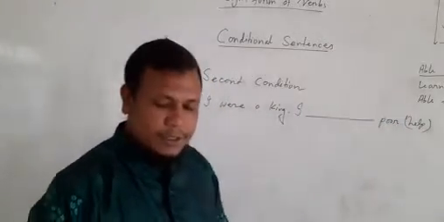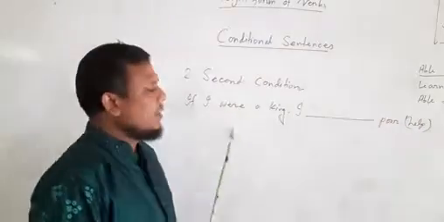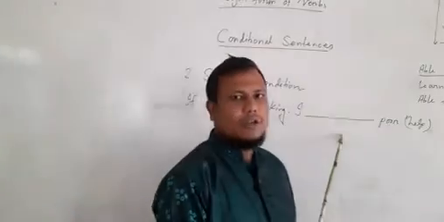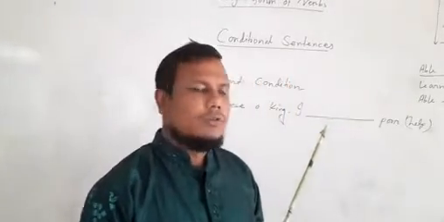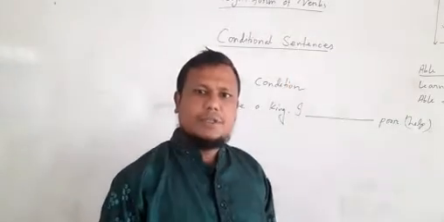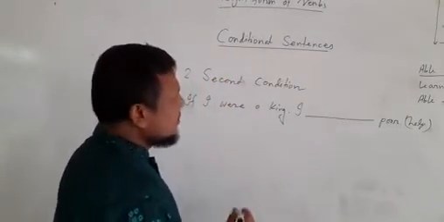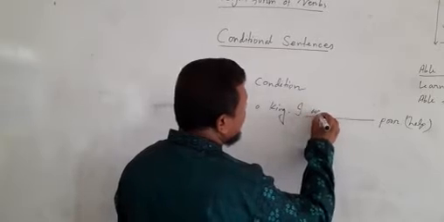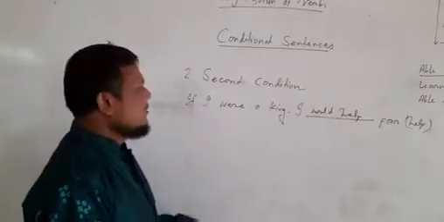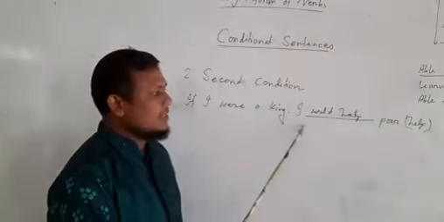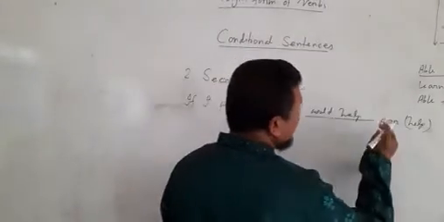In this sentence, the if clause is in past indefinite and the later part will be past conditional. I mean the verb will take would or should or could or might. If you want to fill in the gaps, we can use would. Would help. If I were a king, I would help the poor.